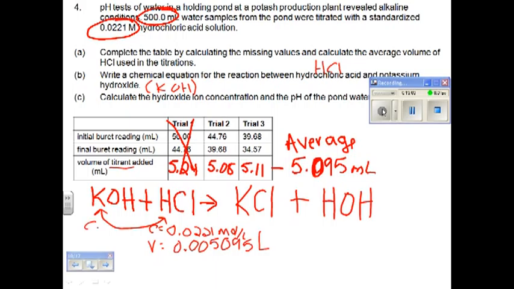We're looking for the concentration of this one. And we know the volume here was 0.5 liters.